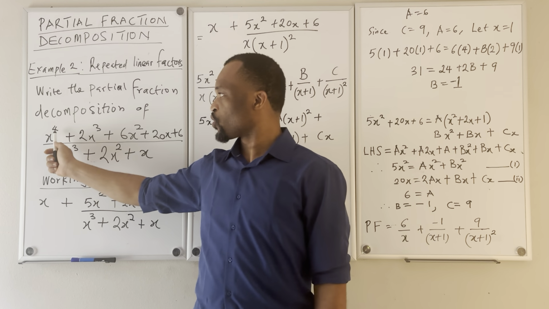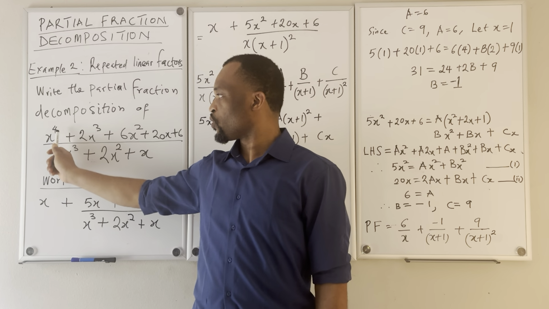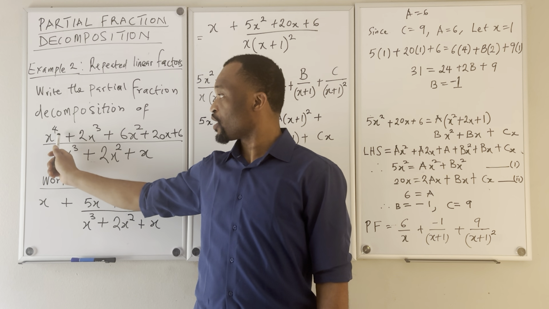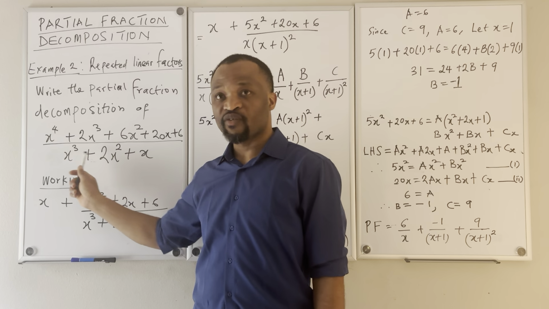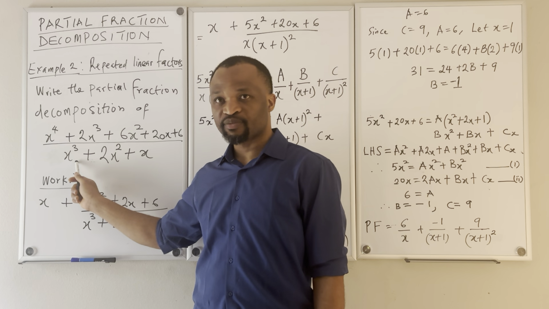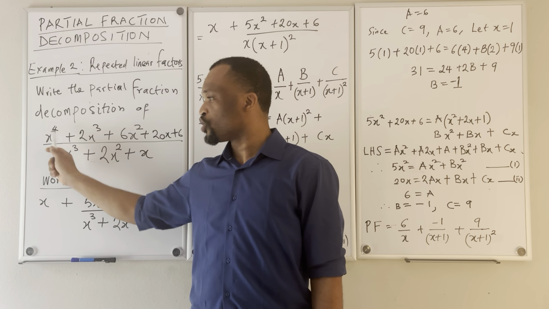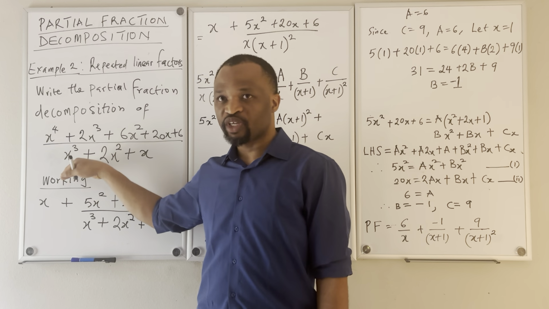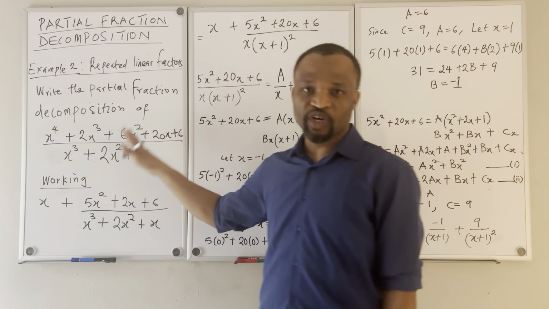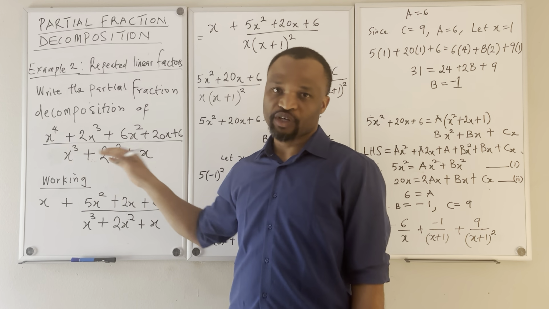So you can see that the highest power of x I have at the numerator is 4, and the highest power of x I have at the denominator is 3. So the highest power of x at the numerator is greater than the highest power of x at the denominator. This is an example of an irrational partial fraction.